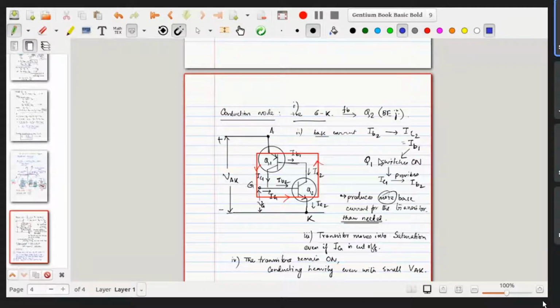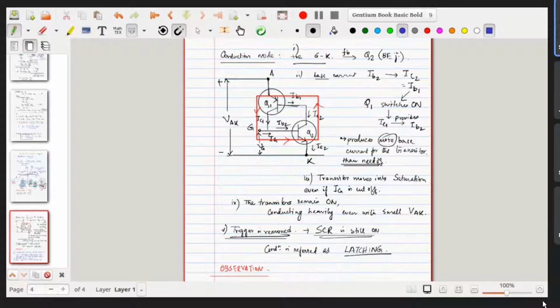And it is conducting, even if the anode to cathode voltage has been reduced, it is in that on state. That particular condition, in which it is now locked in that zone, is known as latching.